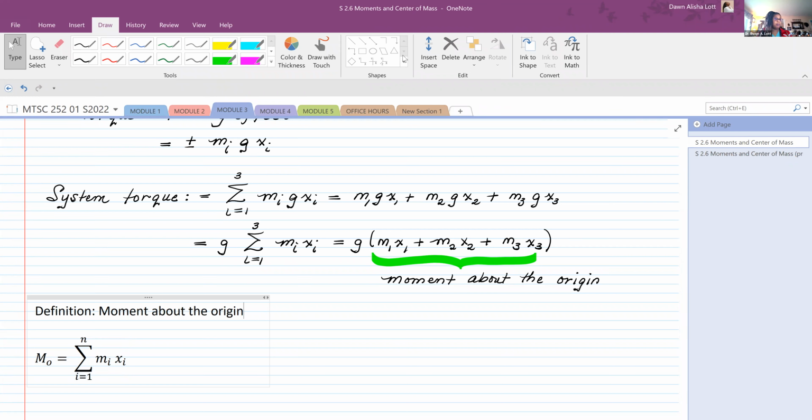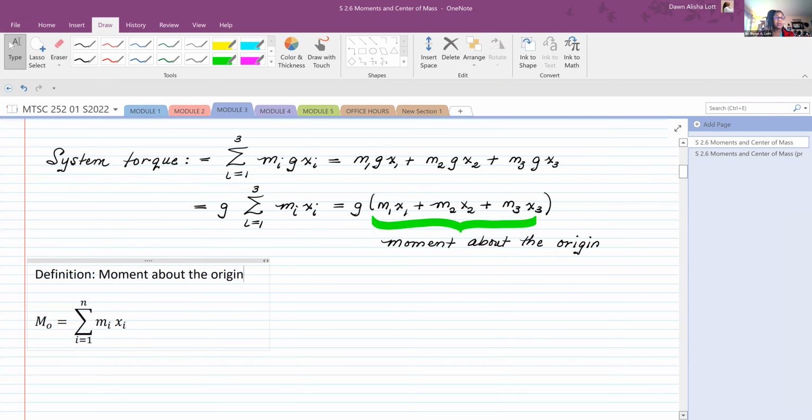We're going to call it M naught. It is the sum i equals 1 to n of all the masses times their distance from the origin. And the xi is negative if it's on the left side, and positive if it's on the right side. So that counts. Okay.